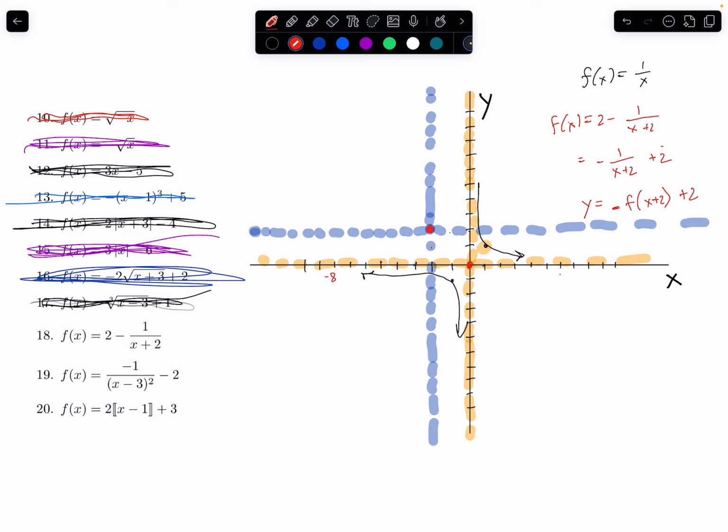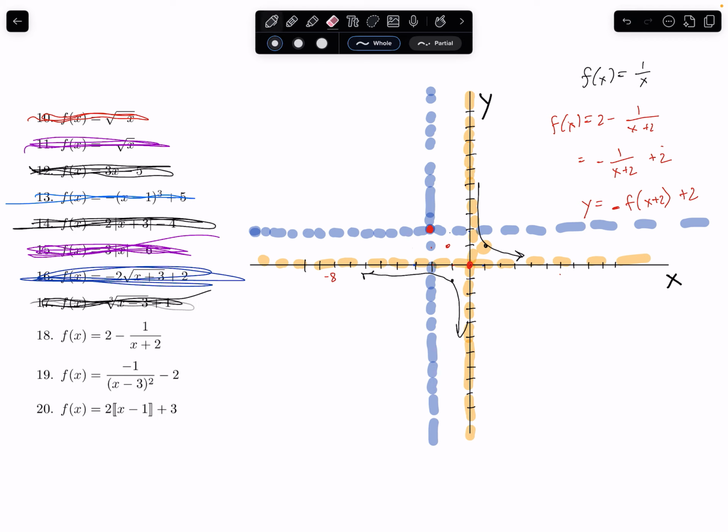So from my starting position, I should go 1 up and 1 to the right normally, right? This would be my normal function. And then like this, 1 left, down 1, like this, right? That would be a normal new version of that. But I also have this negative. So negative means instead of being on the top here, that piece is going to end up on the bottom over there.